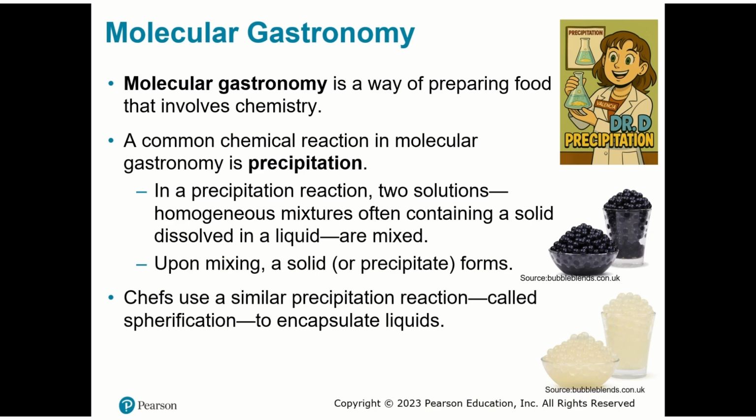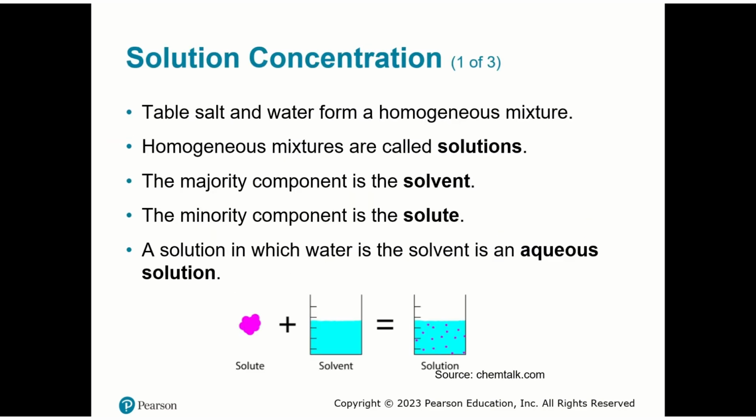So let's talk about solution, solvent, and solute. When you dissolve table salt in water, we form a solution, which is a homogeneous mixture. The solvent is the component present in a larger amount, while the solute is the substance being dissolved.